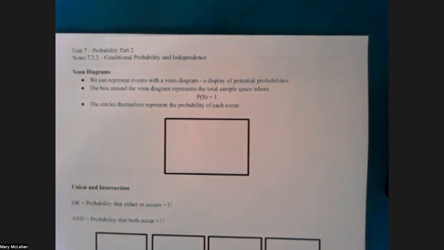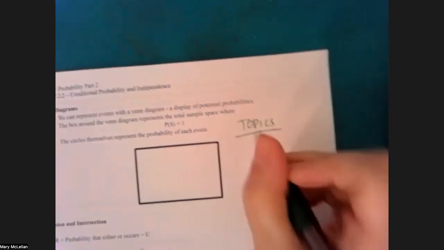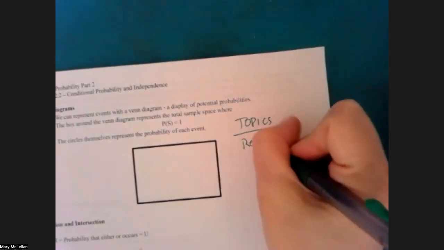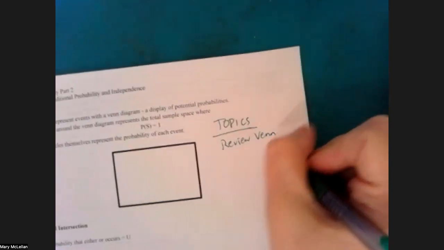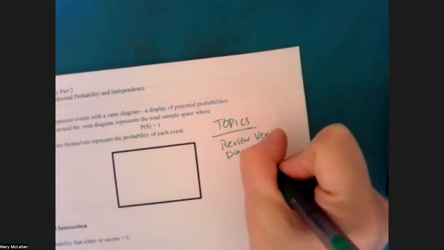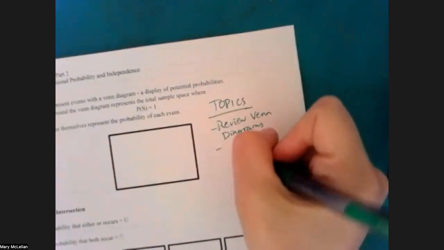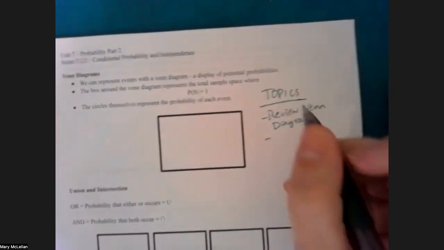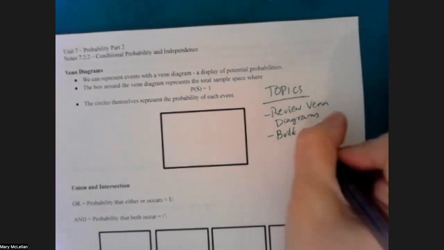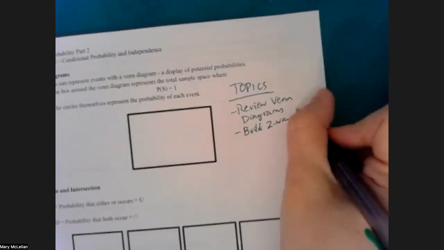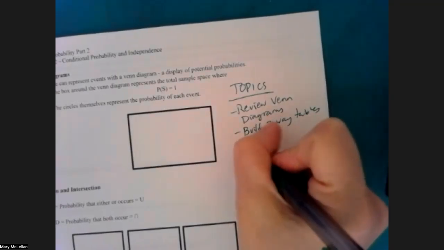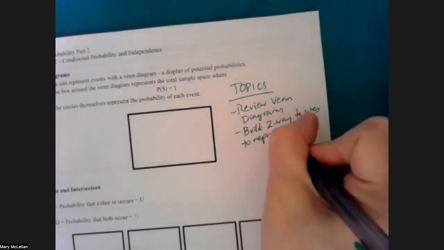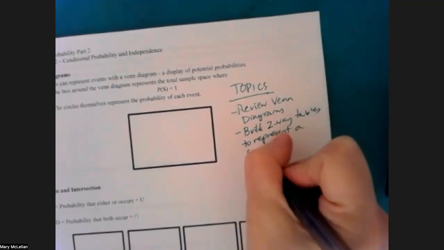Now, in this lesson, we have several learning goals. Just to briefly tell you what topics we'll go over. We will review Venn diagrams. We will build two-way tables to represent a sample space.